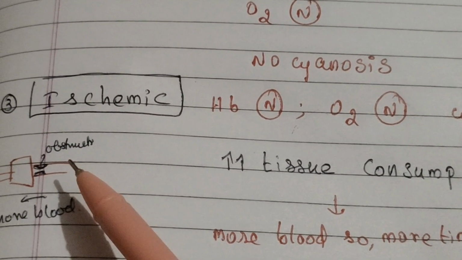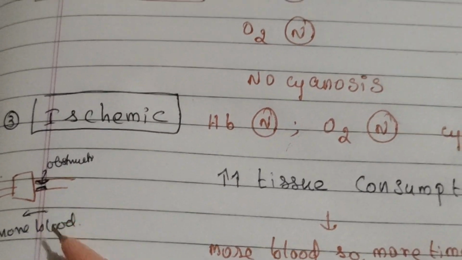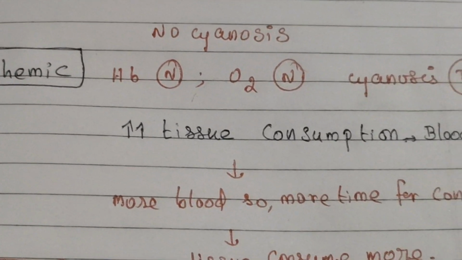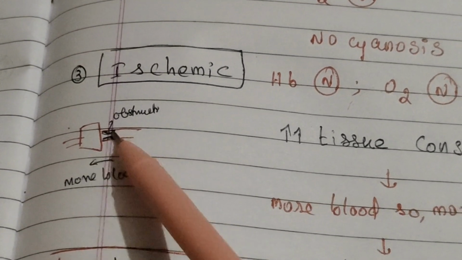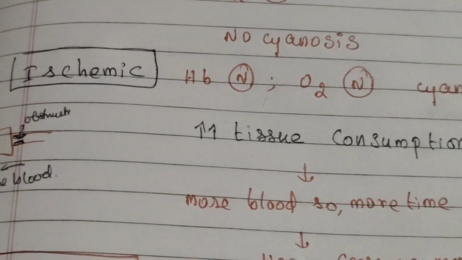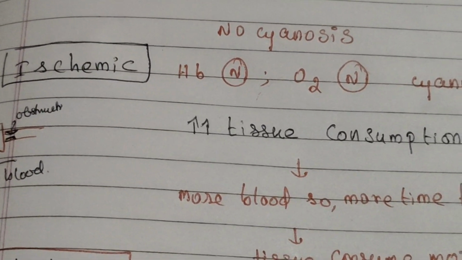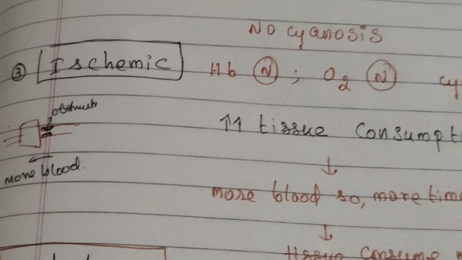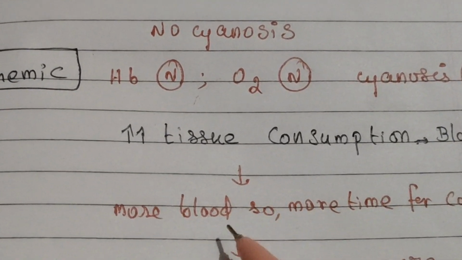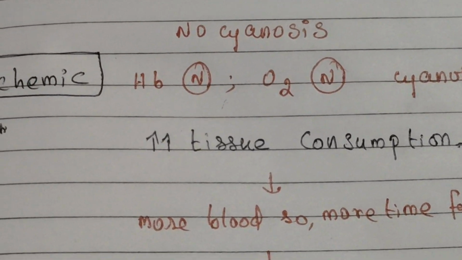Because of the obstruction, blood is coming here, and blood velocity will decrease. This causes the blood to stay longer in the tissue, so there is more time of consumption.